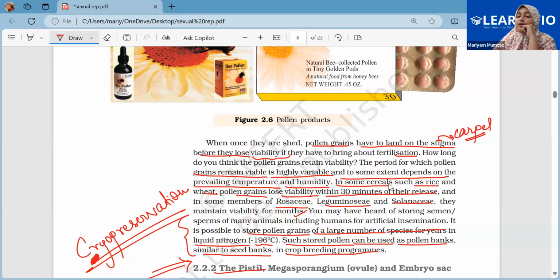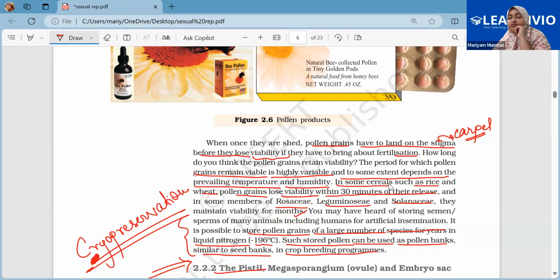So once the pollen grains have been released, they have to land on the female reproductive part before they lose viability. Losing viability means losing their functionality; if they lose their viability, they cannot fertilize. That is why they have to land on the stigma before they lose viability.